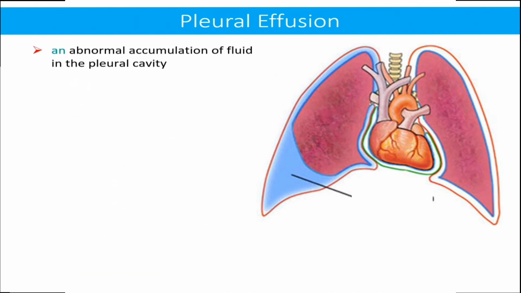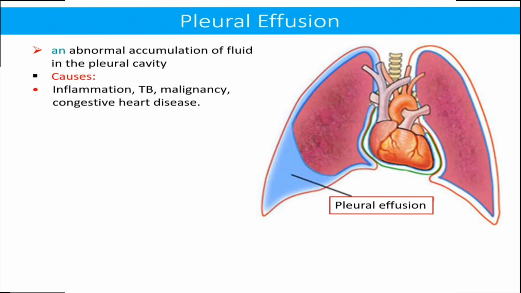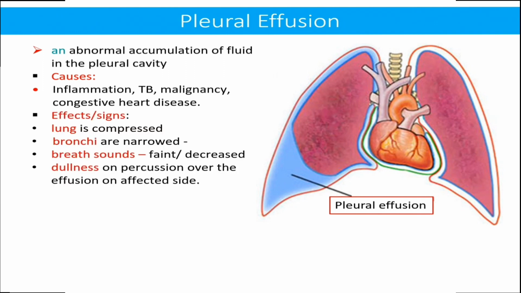Now the pleural effusion. It is an abnormal accumulation of fluid in the pleural cavity. Causes include inflammation, tuberculosis, malignancy, or congestive heart disease. Presence of fluid in the pleural cavity produces a number of signs.